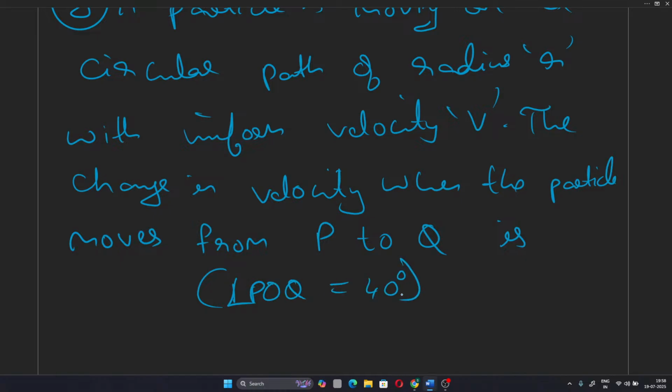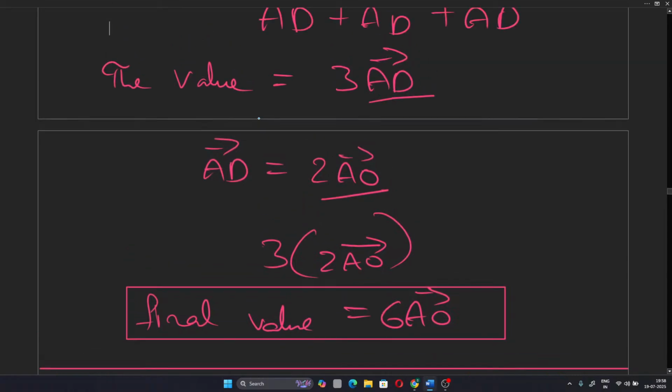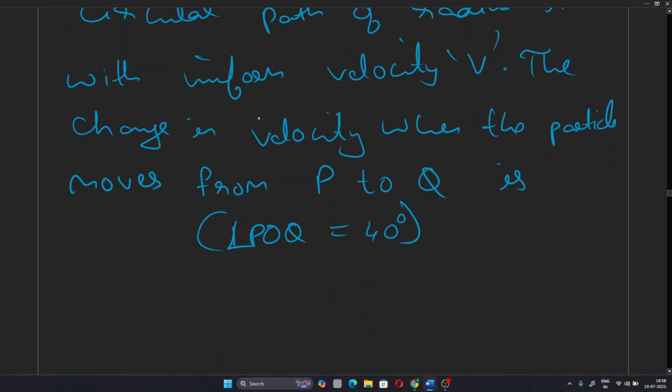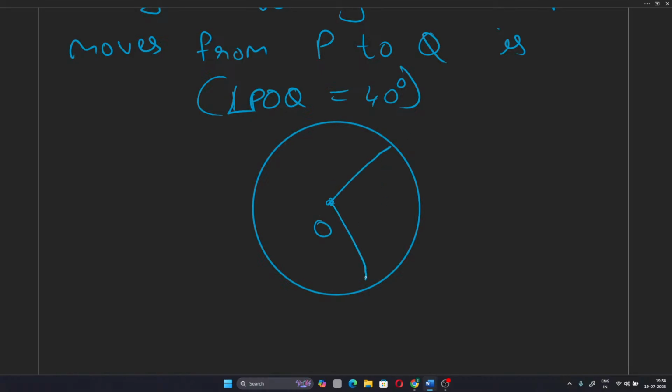I'll draw the diagram. This is the center, O, this is 40 degrees.